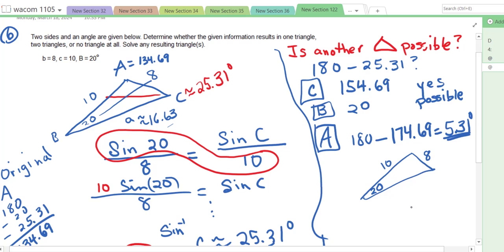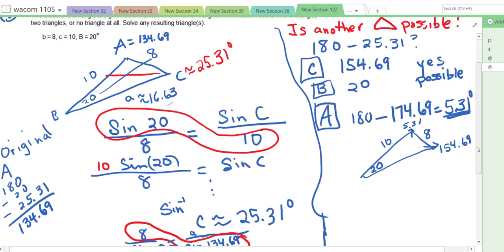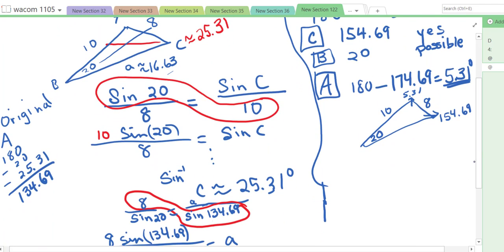Those are staying. The B, the C, and the 20, right? Our angle C here was 154.69. Our angle A was 5.31. This angle. So now we have all the angles. This side we will have to find. It's not going to be the same as the other triangle.